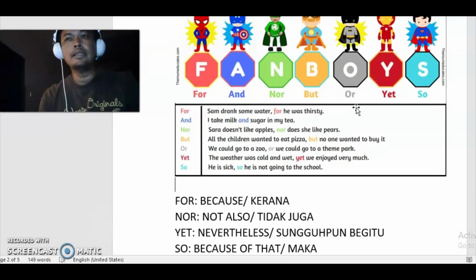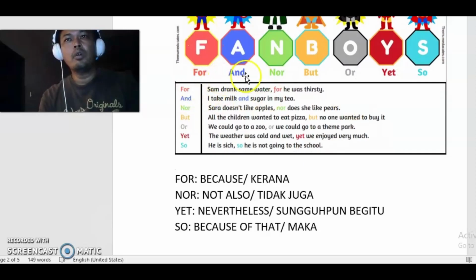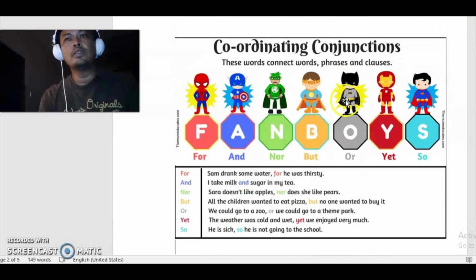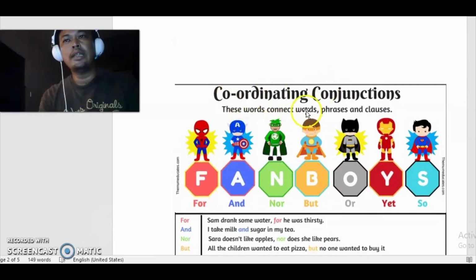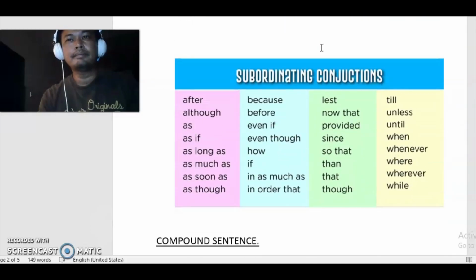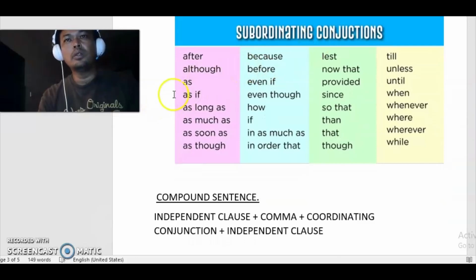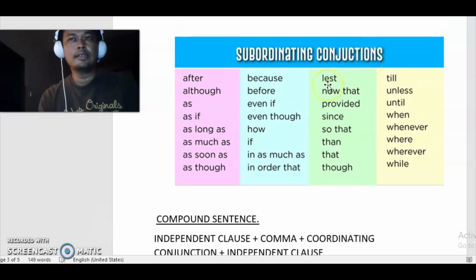So these are FANBOYS: for, and, nor, but, or, yet, so, called coordinating conjunctions. While any other conjunction, for example, after, although, as if, as long as, and the whole other conjunctions, we call subordinating conjunctions. Alright, this is very important for you to understand before we go to the next lesson.